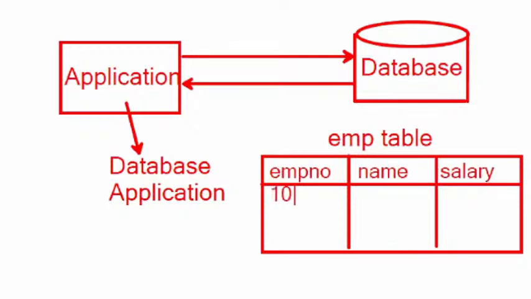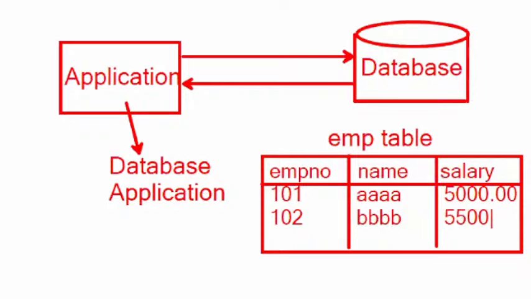Suppose employee number 101, the name of the employee, the salary of the employee, then employee number 103.